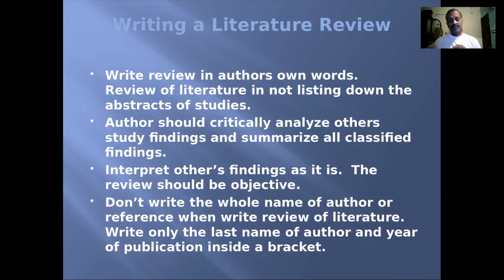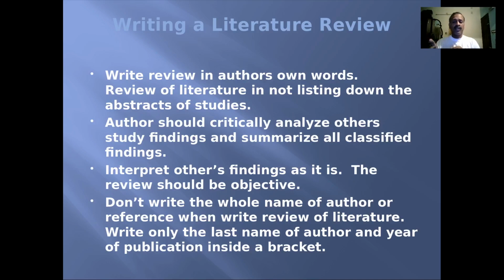What you have to write is only Raghunath, and inside the bracket, study done in 2020, write the findings. So only the last name of the author and year of publication, and then the findings or the summary of the research findings of my study. So this is how you have to write.